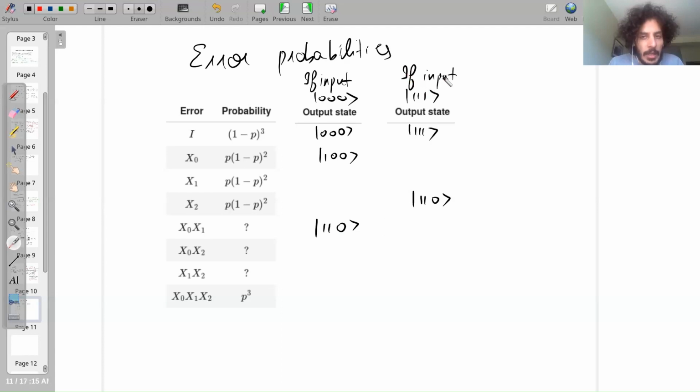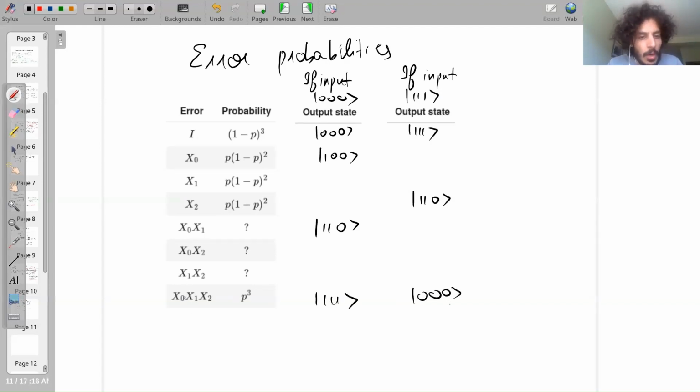But if the input is actually 1, 1, 1 and I get a single qubit error, then I also get 1, 1, 0, right? If you fill out this whole table, you will see there's this confusion, that 1-qubit errors also look like 2-qubit errors. We saw this in the classical case as well, and then obviously 3-qubit errors too. So this will turn into 1, 1, 1, and this will turn into 0, 0, 0.